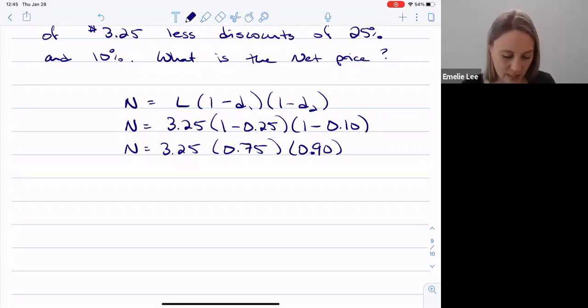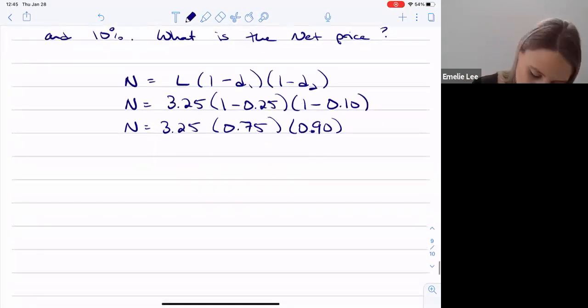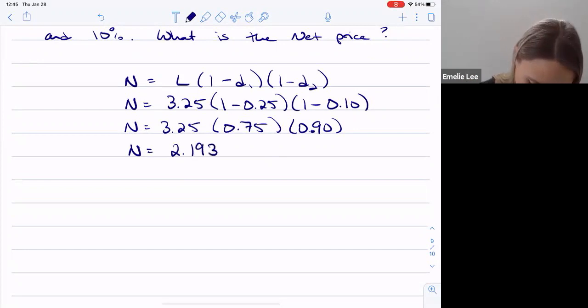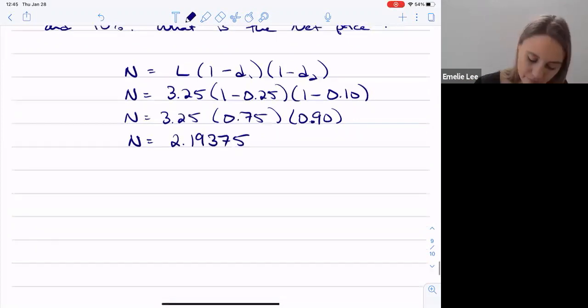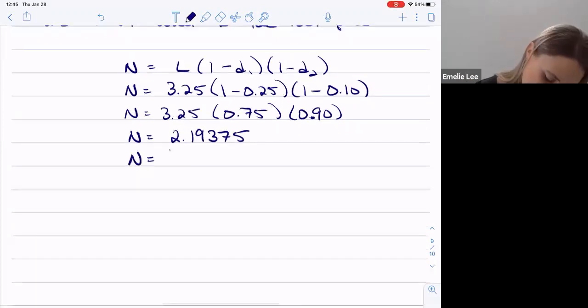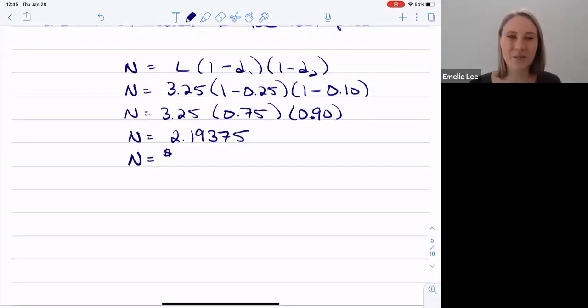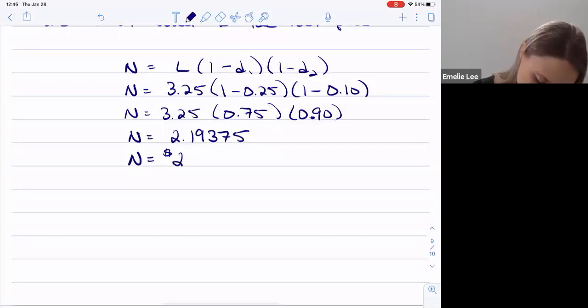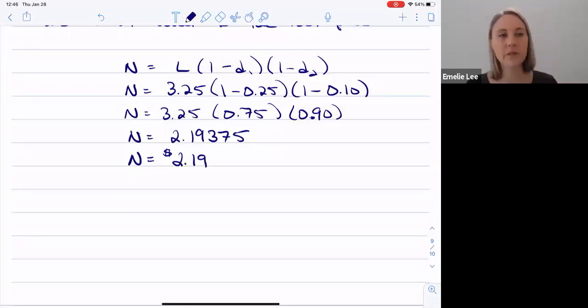I'm going to do it on the side here, so I'm not flipping between the screens. 3.25 times 0.75 times 0.9 puts me at, and I'll give the non-rounded value first, 2.19375. So N, because it's money, I can round to two decimal places, properly rounding in this case to 2.19. So $2.19.